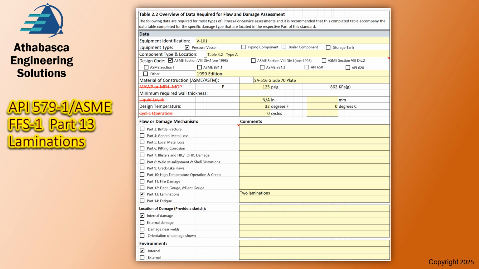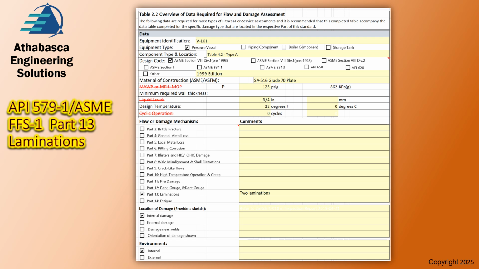So we went through here. We saw that there was no brittle fracture, which would negate this right away. The other ones we found: there was no general metal loss, because there was none. There was no metal loss detected. There was no pitting. There was no hydrogen charging, so we don't expect any Part 7. There was no mention of weld misalignment to worry about.